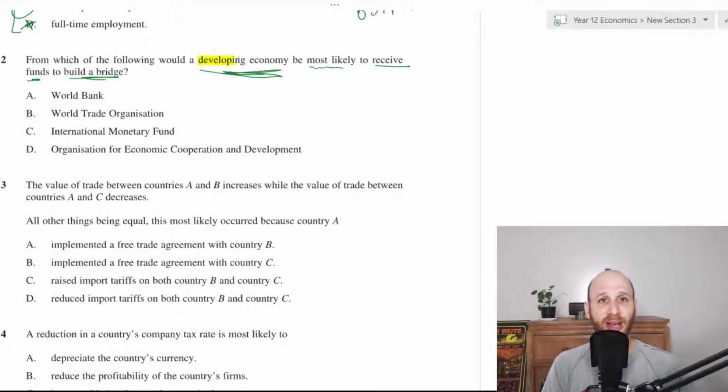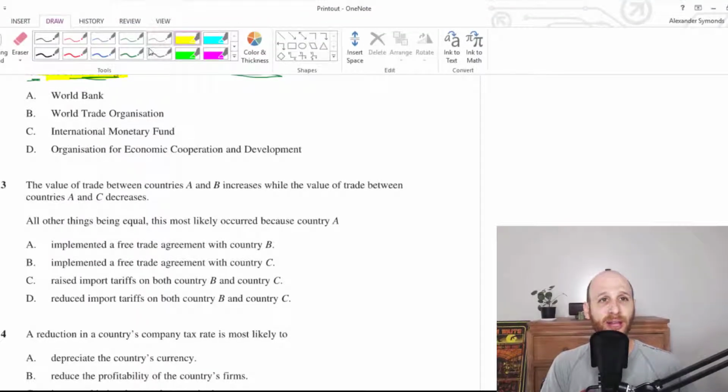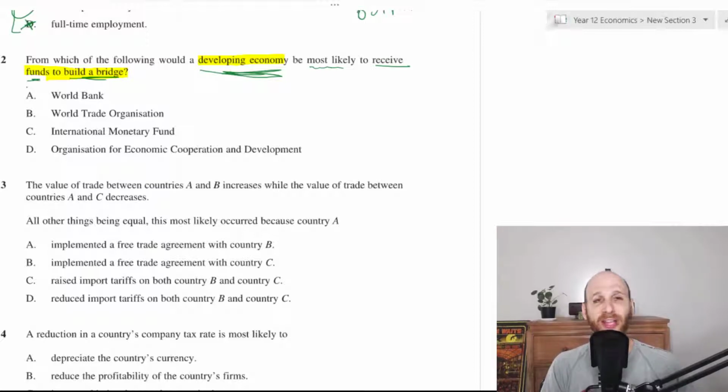So I'm thinking, okay, a developing economy most likely receive funds to build a bridge. So I'll just get out my green pen and I'll say, you know what? The World Bank sounds like a pretty good bet because we know that the World Bank is all about trying to reduce poverty, help infrastructure in developing economies. So that seems pretty good.